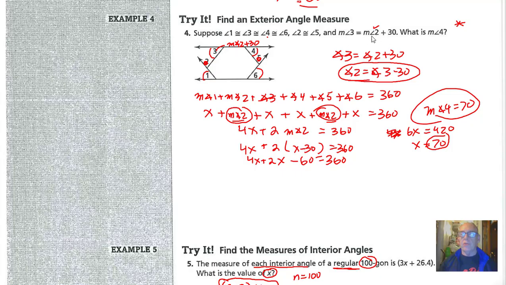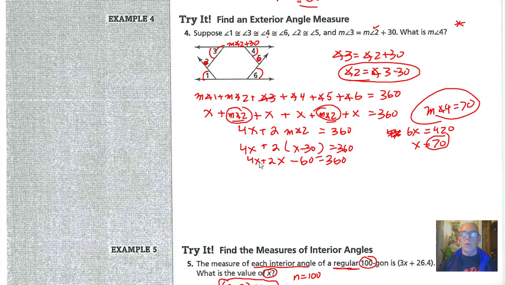Well, if we want to solve that for angle 2, angle 3 take away 30 is going to be angle 2. So down here, I'm going to substitute angle 3 take away 30 for these 2 measures of angle 2. We've got 2 measures of angle 2. Each one of those is angle 3 take away 30, and angle 3 is x. So each one of those is x take away 30.